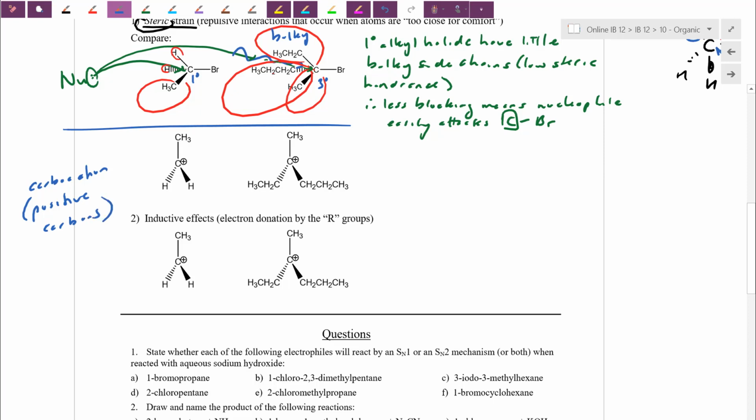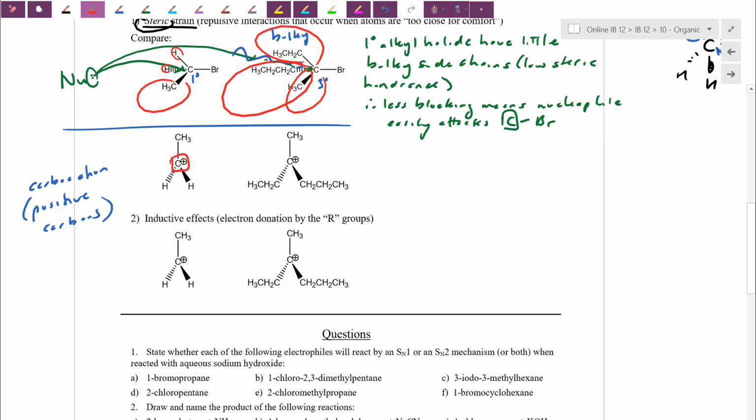Carbocations are unstable. Carbons shouldn't have a positive charge. But depending on how many alkyl groups, how many other carbon groups there are, this can form more stable intermediates or not as stable. We saw this briefly using Markovnikov's rule, when you added an alkyl halide across a double bond, we end up forming a carbon cation on one side temporarily.